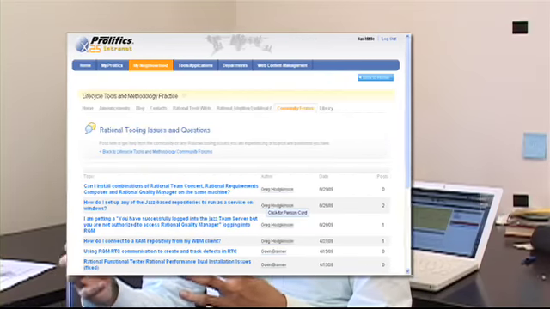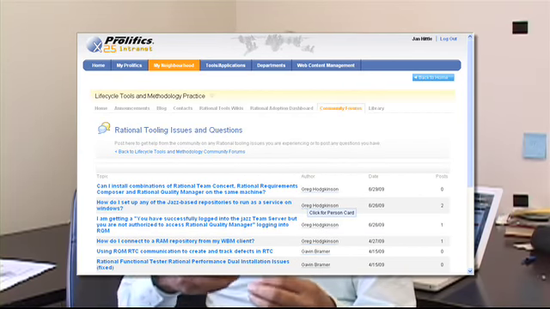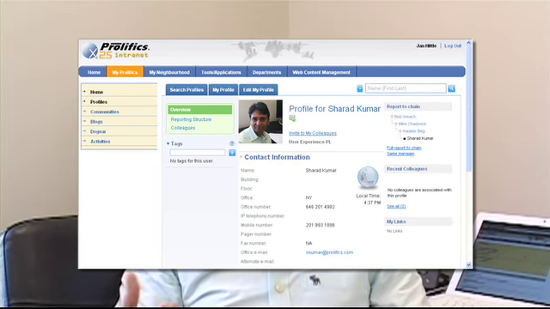They will have discussion forums that allow an organization to start a discussion, and anybody else who has the same problem can come and look at the thread and understand what is happening. It allows us to search other people, and to manage our own profiles so that I can push out information about my expertise, the things that I do, and people can reach out to me.